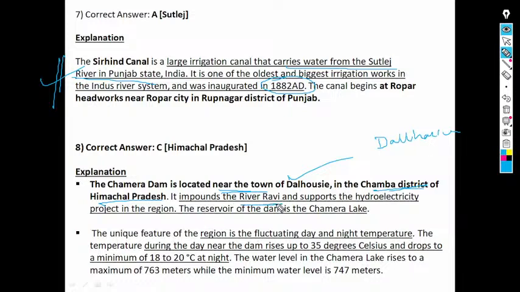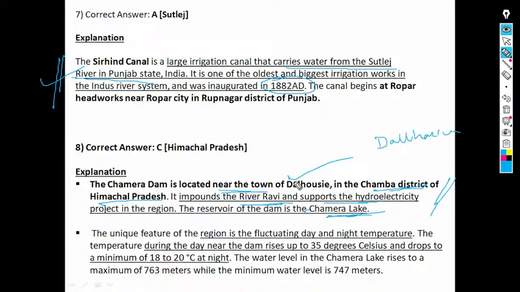It impounds the river Ravi and supports hydroelectric projects in this region. The reservoir of the dam is called Chamera Lake.